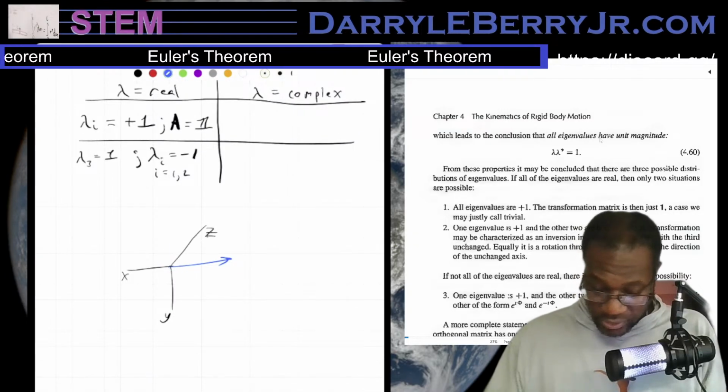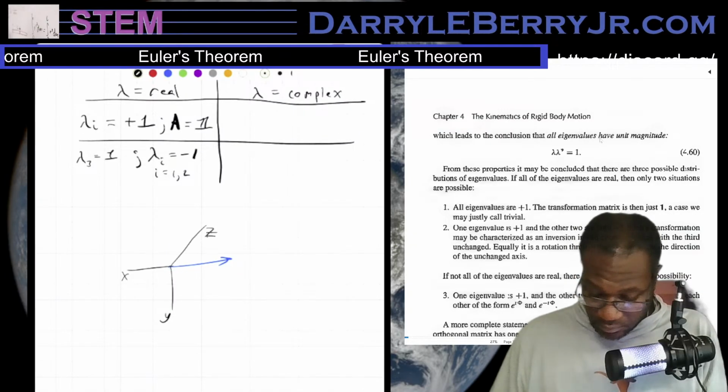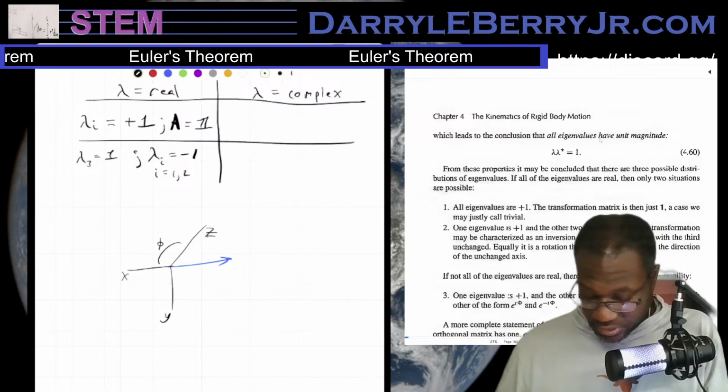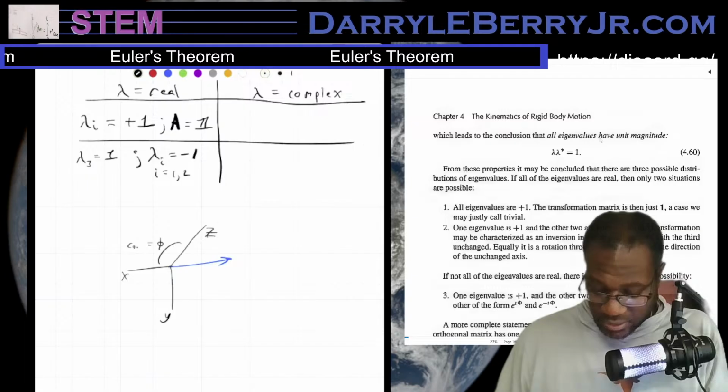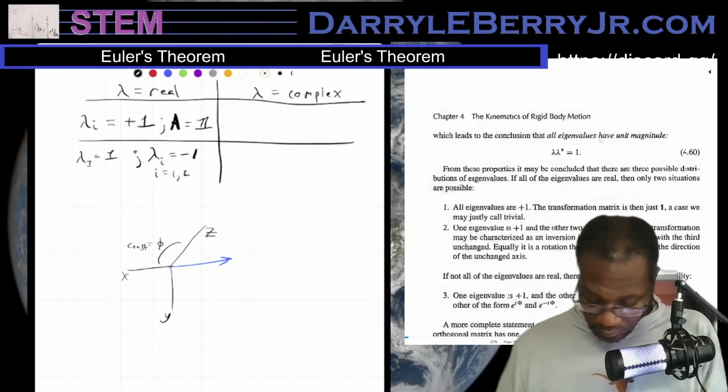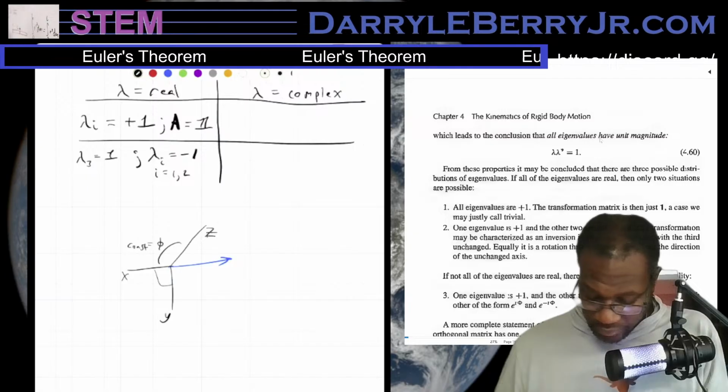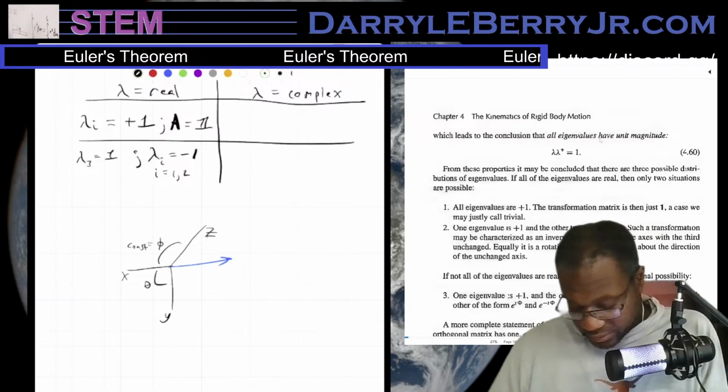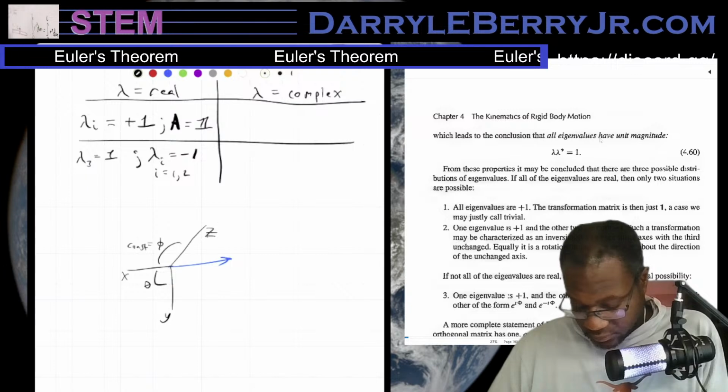This will be the unchanged axis, z, so that's not going to change. So this equals constant. So all we have is this one and the third one.